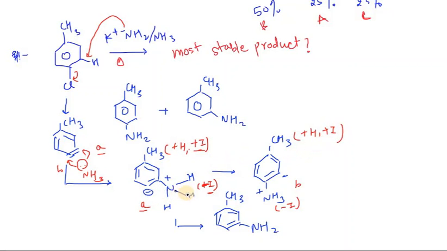Now if we compare between A and B, we know that NH3 plus has a positive charge on both sides at its para position. So what is making the difference?